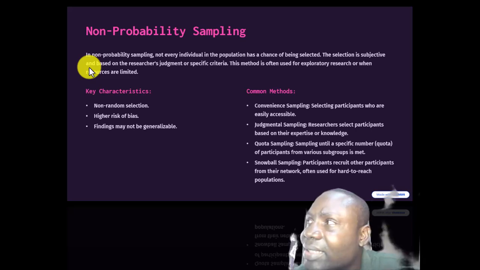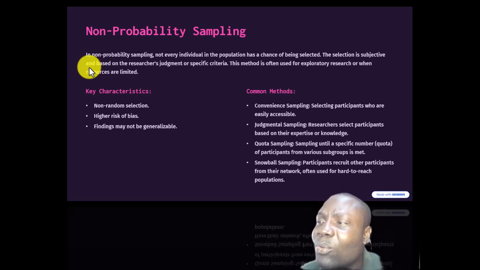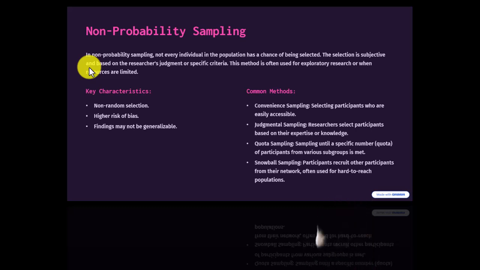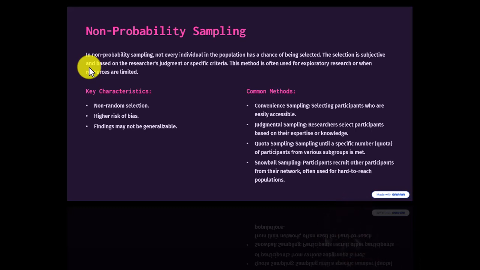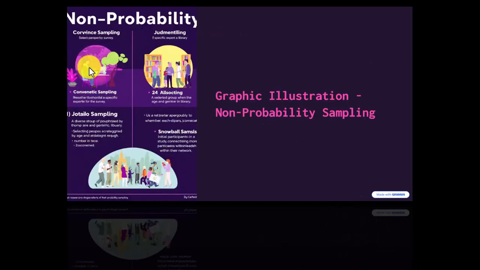For instance, if we want to recruit people who have experienced sexual violence and maybe they know each other, when the population of the study is hard to reach, you have to rely on somebody who knows another person in that situation.